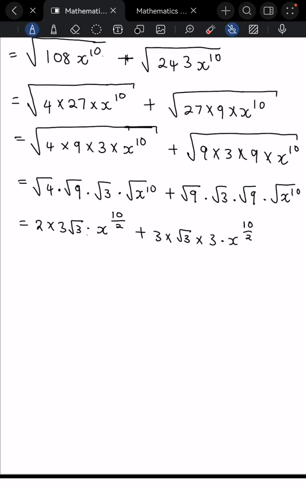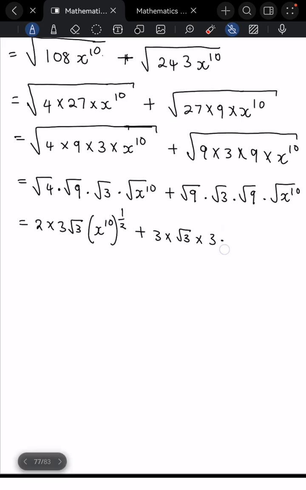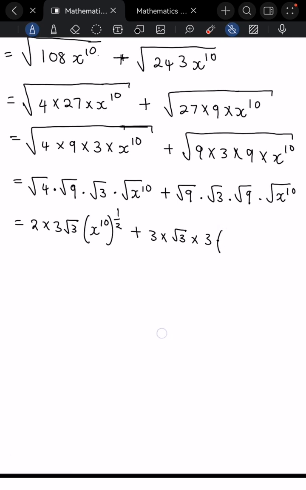Let's not jump the gun as yet, let's represent it as it is: x raised to the power of 10, raised to the power of 1 over 2, which means this is going to be equal to 2 times 3 is 6 square root of 3.